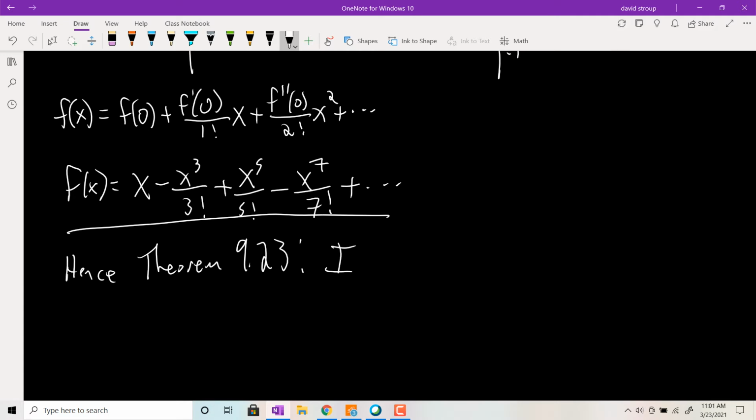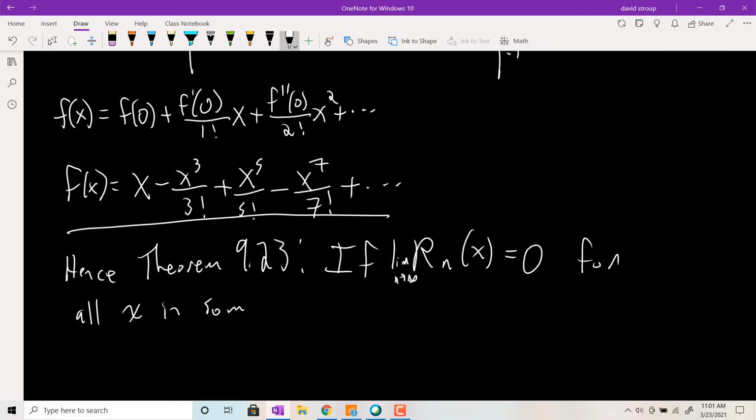And basically it says if that remainder function that we had from our Taylor inequality, that we were using to determine how good the polynomial approximations were, if you take the limit as n goes to infinity, and that ends up equaling 0 for all x in some interval, then you can conclude that the function and the power series representation are the same things.